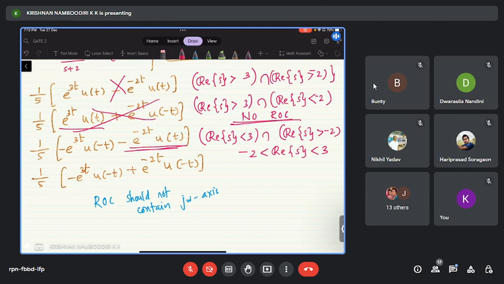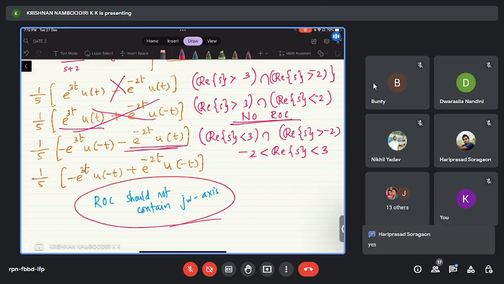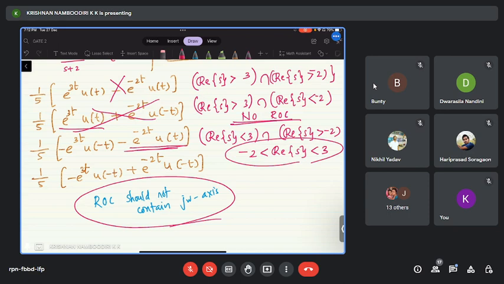Can this be the correct answer? Remember this, ROC should not contain j omega axis. That means real part of s cannot be equal to 0. That should not be contained in the ROC, but it contains j omega axis, right? So this is a stable system. So this is also incorrect.